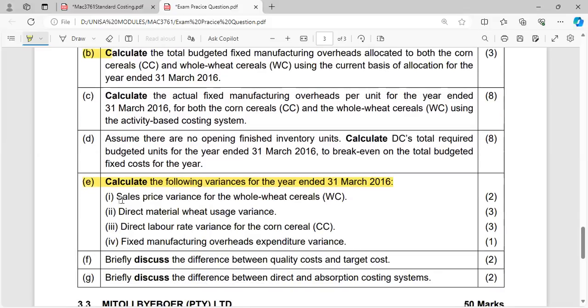So you can try E: sales price variance, direct material usage variance, direct labor rate variance, fixed manufacturing overheads expenditure variance. Just try to do the calculations for these variances and see where you get lost. Then we can see from there.